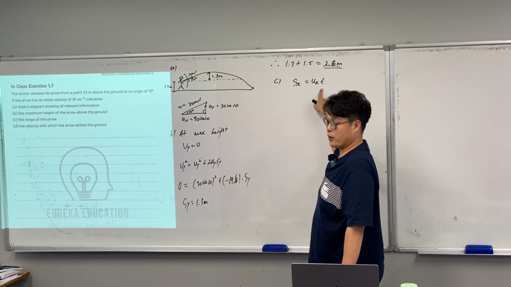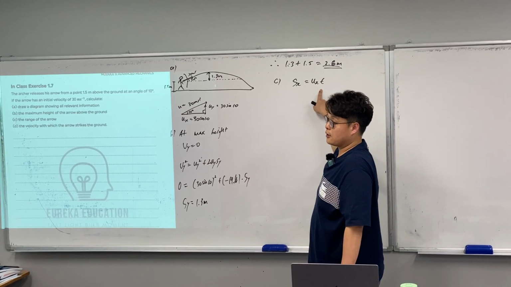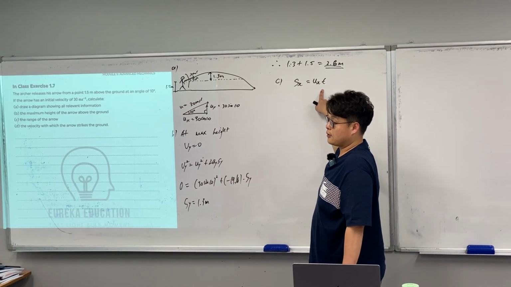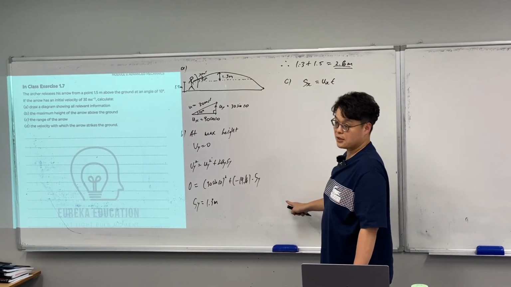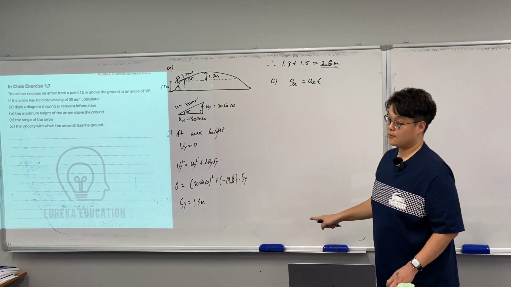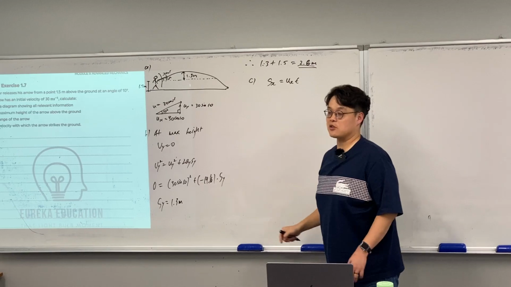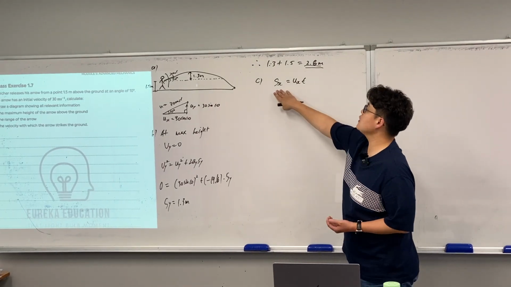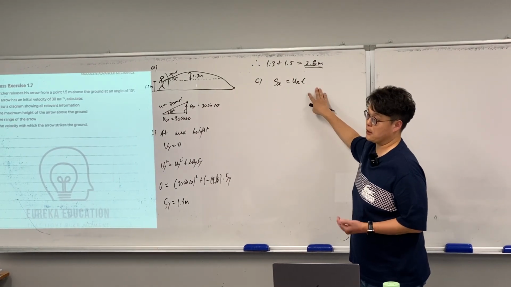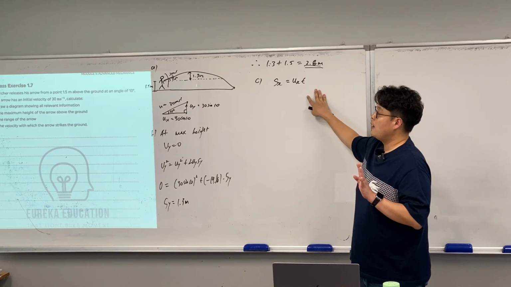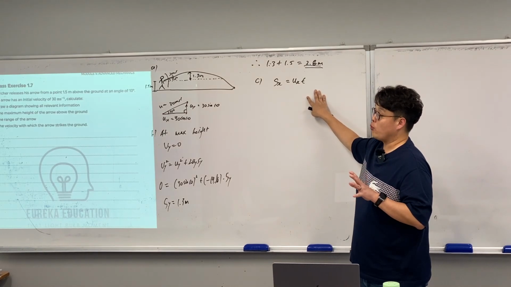Yeah. Do we know t? Are we given t? I don't think so. The time is not given. So to find the range, we have to find the time taken first. This is why I prefer using method 1.